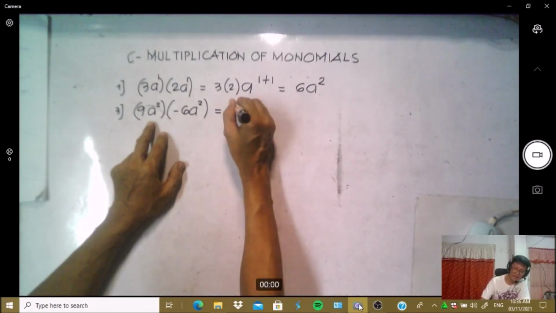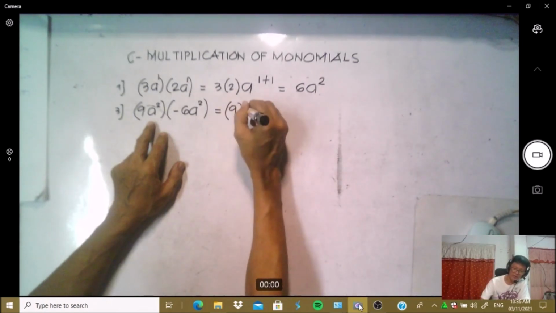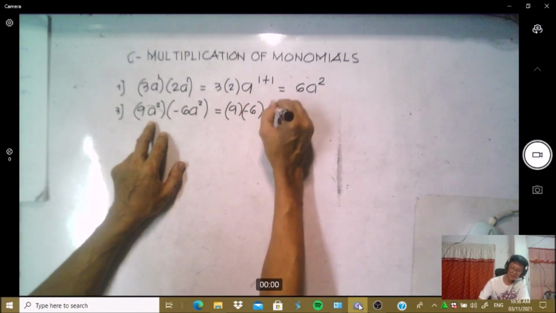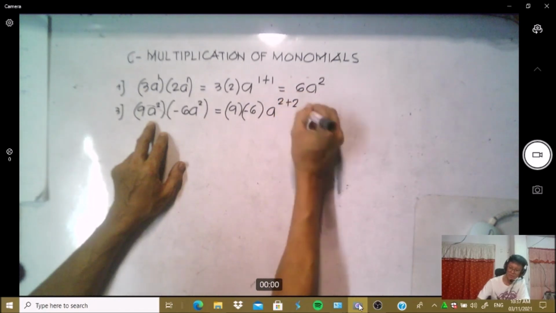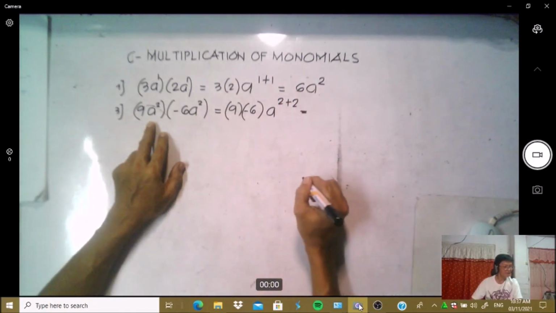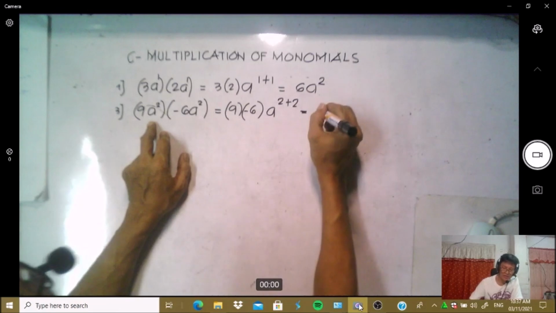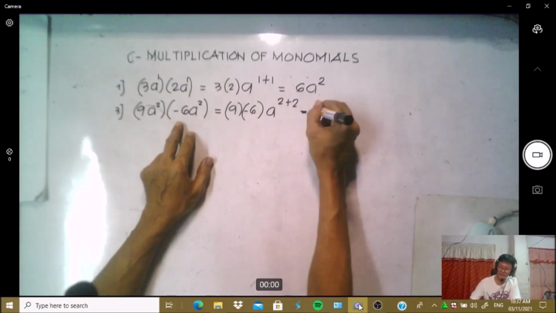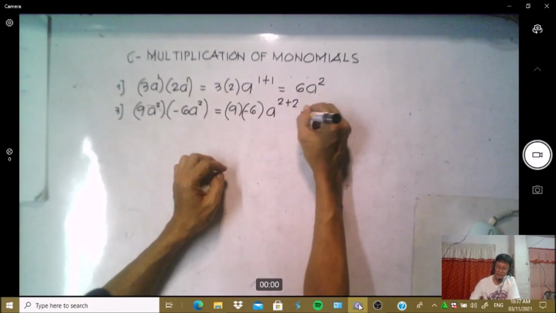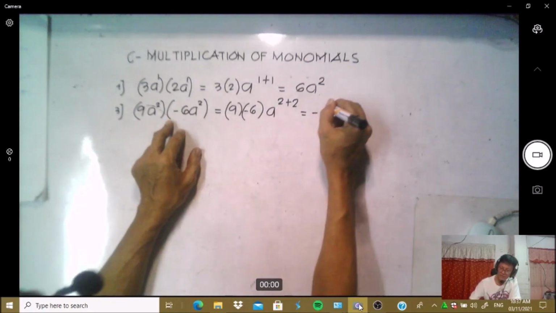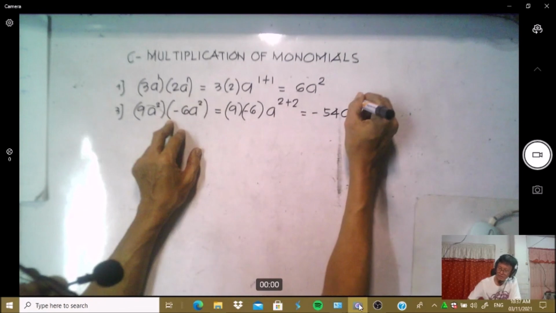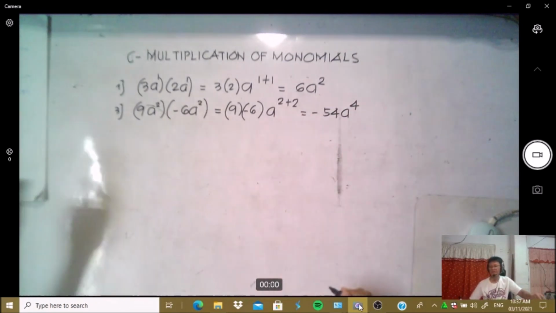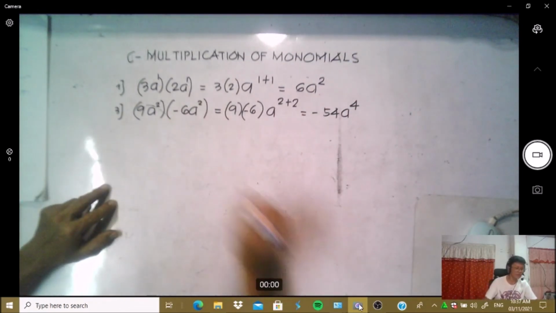So we have 9 multiplied by negative 6, then a, then add the exponent 2 plus 2. And therefore, we have 9 times 6. Positive times negative is negative. So that is negative 54a, then 2 plus 2 is equal to 4. And so we have negative 54a raised to 4.